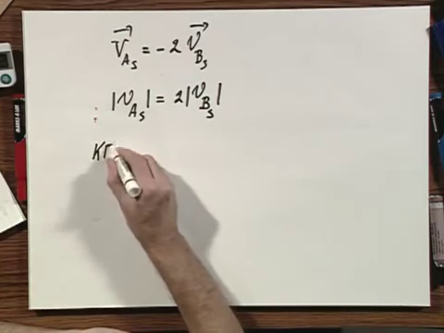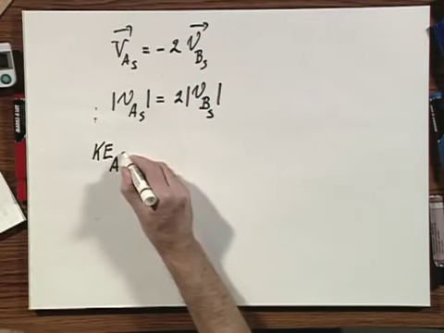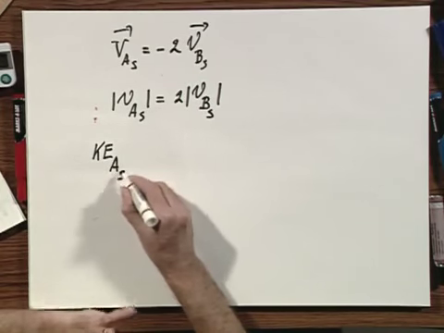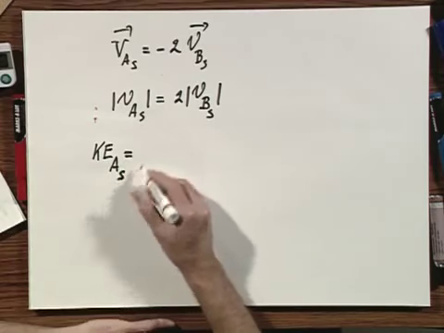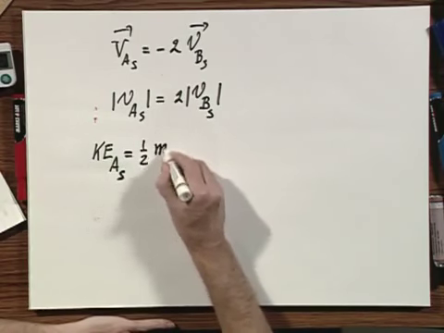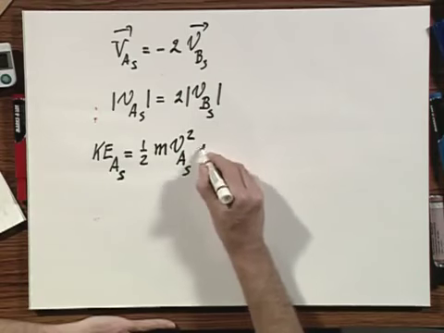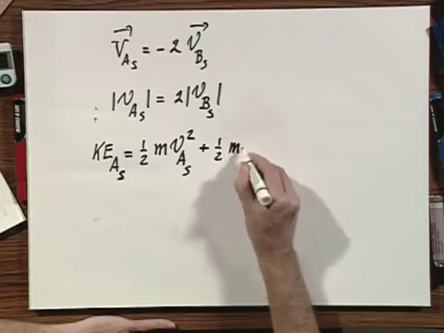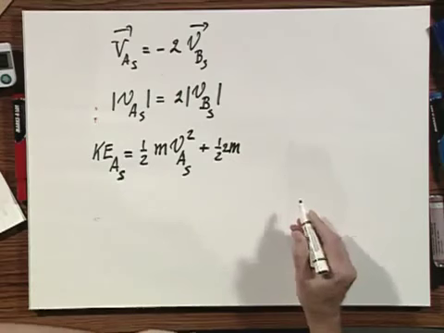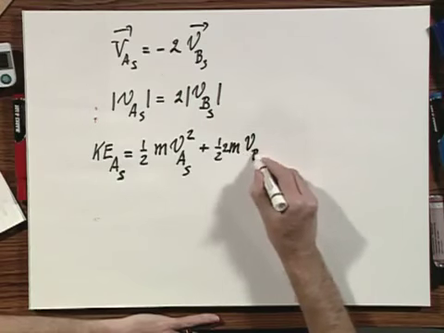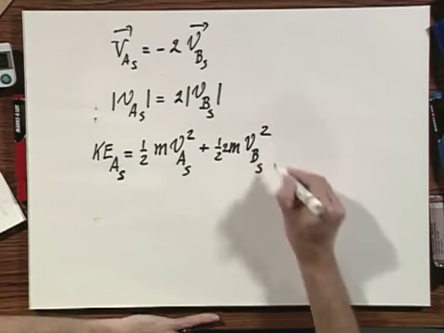So the kinetic energy in A, due to the spring now alone, I put the S there, obnoxiously I will repeat the S all the time, equals 1/2 m VA squared due to the spring, plus 1/2 times 2m, because the mass of B is 2m, times VB due to the spring squared.